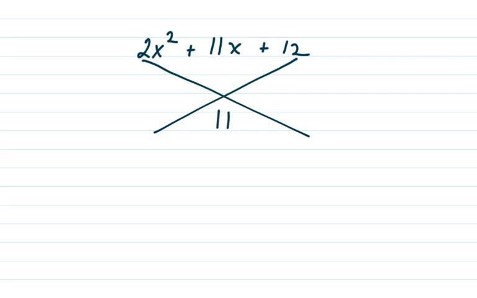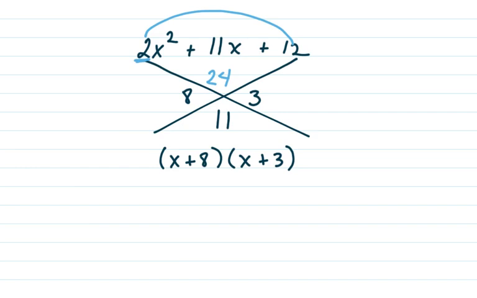But because this 2 is not a 1, we're going to multiply these together, and we slide it down here so that we have 24. So now we're trying to figure out the two numbers that multiply to give 24 and add to give 11. And those two numbers are 8 and 3. Then we're going to bring down the x plus 8 and the x plus 3.